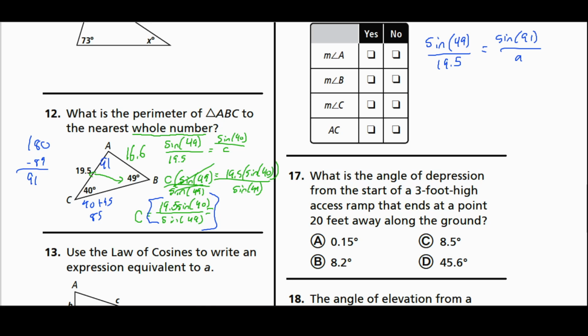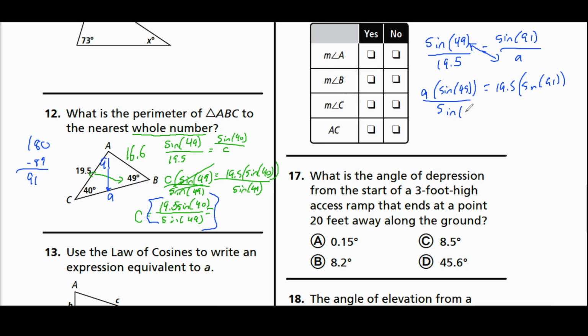Let me erase this just so we can see. This was just solving for the inside of the triangle. Here's my little a, because it's opposite big A. So now I'm going to cross multiply. A times sine 49 is equal to 19.5 times sine 91.